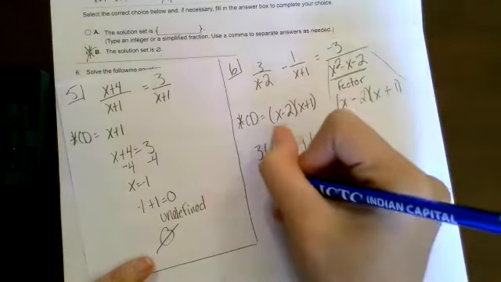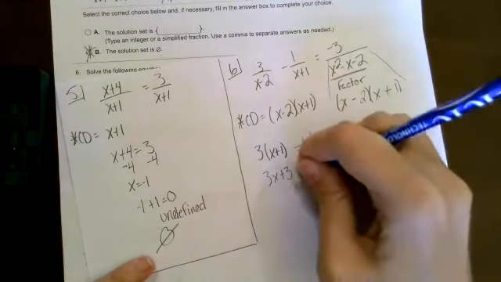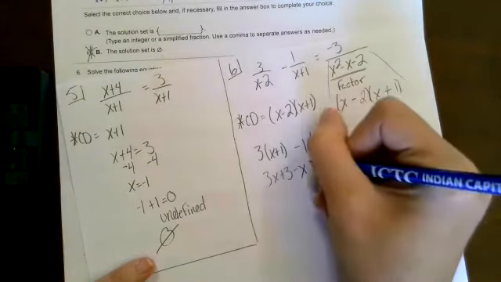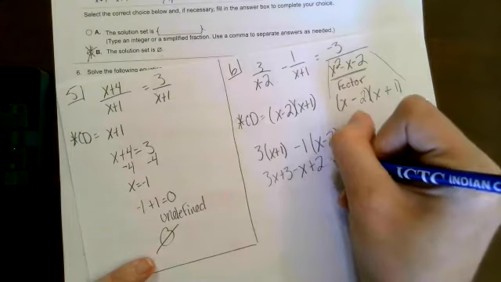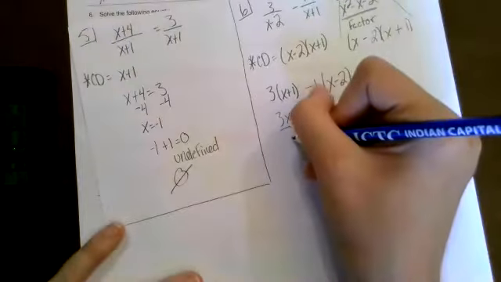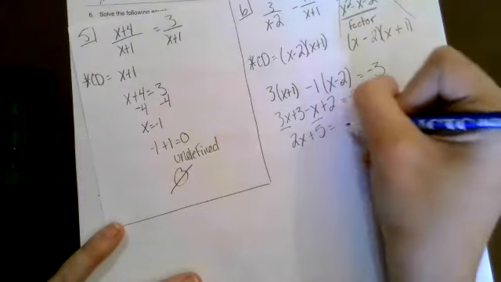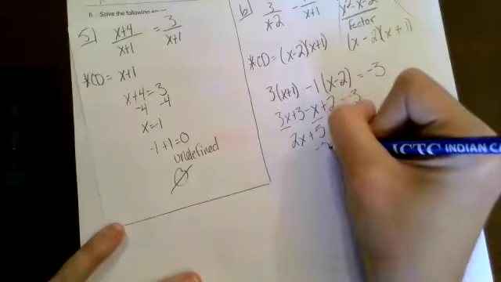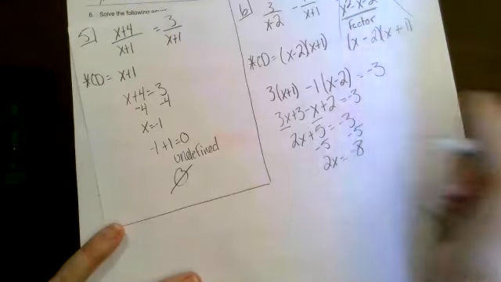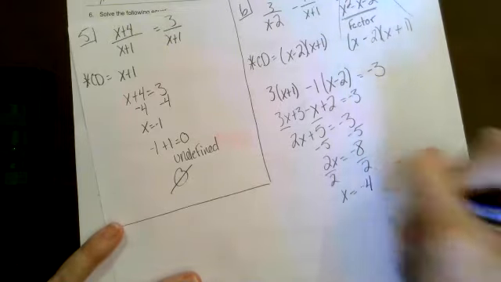Then distribute, so 3x plus 3 equals subtract x, negative times negative, plus 2 equals negative 3 here. Combine our like terms. 3x subtract x would be 2x. 3 plus 2 would be 5 equals negative 3. Subtract our 5. 2x equals negative 8. Divide by 2. X equals negative 4.